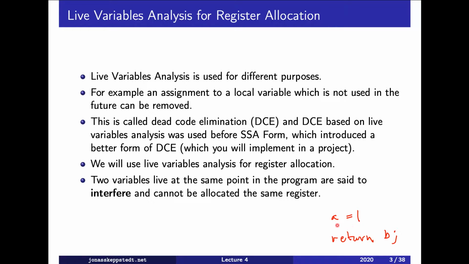Okay, since A is not live, we can just ignore this definition. Before SSA form, this was the standard form of dead code elimination. With SSA form, we will see a much nicer algorithm.